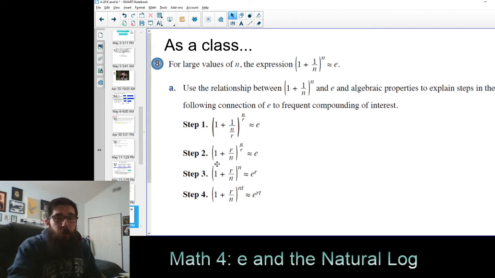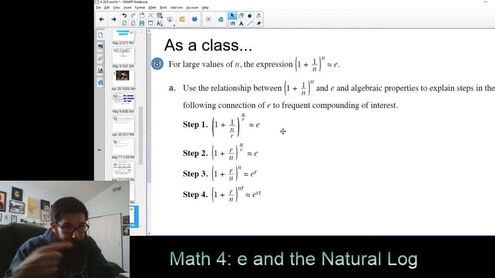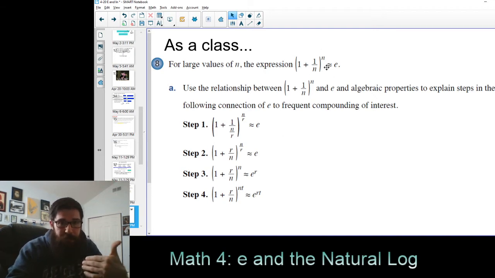Okay. What are we basically doing to follow along these steps here? And you're going to see where we're linking all this back together. This idea is where the number e comes from, okay? If I were to take this formula and basically divide that n by some value r, as long as this n gets changed to an n over r for both cases, great. From step 1 to 2, I'm basically taking a reciprocal right here.